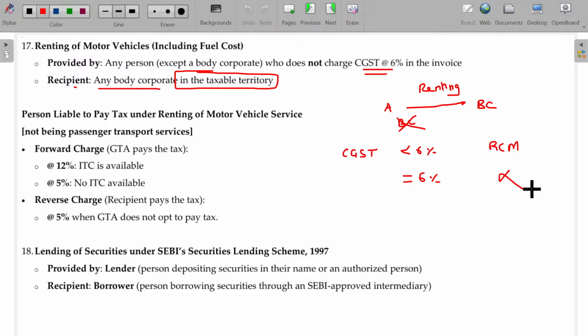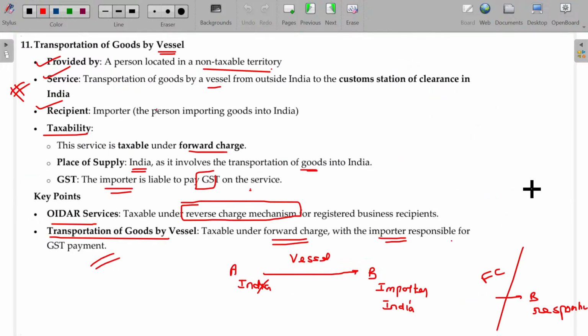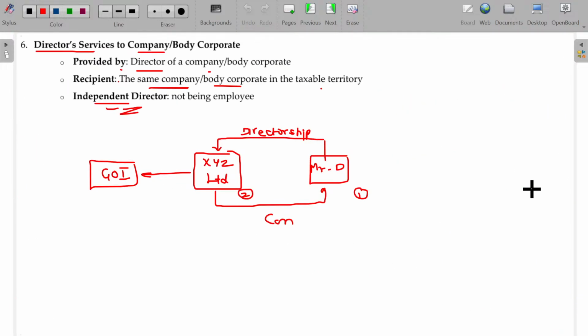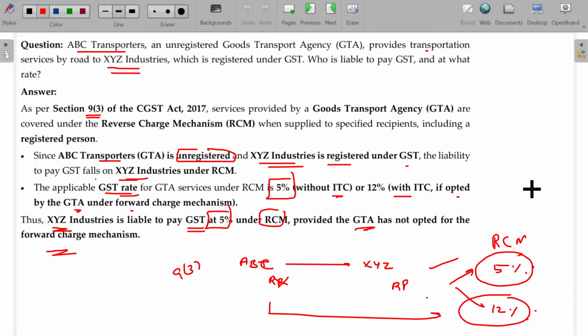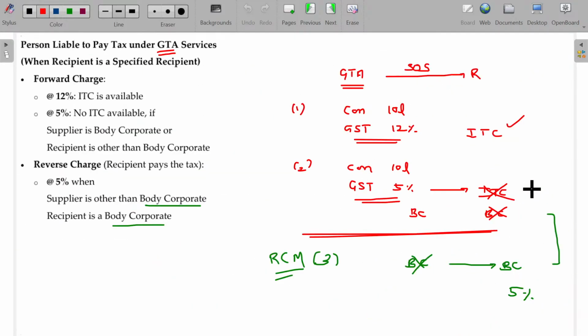When the normal tax rate of 12% is paid, the recipient can enjoy the ITC. If the tax payment is less than 12%, definitely ITC will not be enjoyable. We have already seen that here, right? Hope you are now able to understand the logic. In case of 5%, you don't get the ITC benefit.